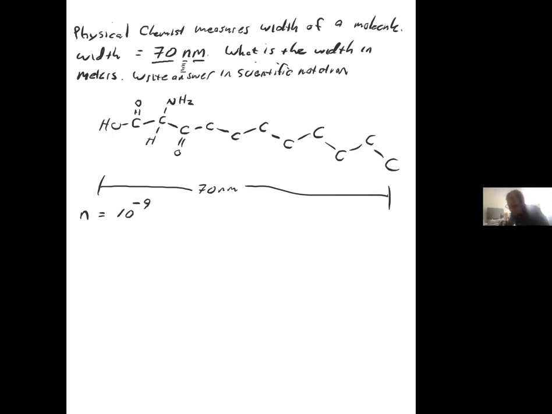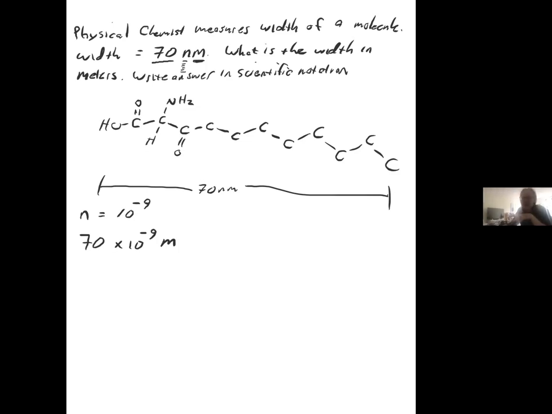So it's 70 times 10 to the minus 9, and then meters. Okay, so 70 times 10 to the minus 9 is almost the right answer. In fact, if that last sentence weren't there, write the answer in scientific notation, this would be perfectly fine.